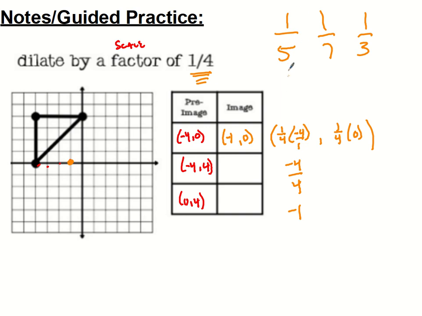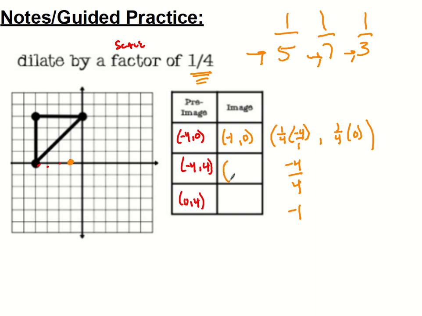Multiplying by 1/7 is the same thing as dividing by 7. Multiplying by 1/3 is the same thing as dividing by 3. Multiplying by 1/4 is the same thing as dividing by 4. If I took -4 and divided it by 4, I'd get -1. So that's 2 ways to look at it. But really, we always just multiply our scale factor by the point.